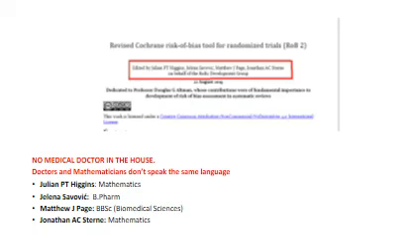So there's no medical doctor in the house. The problem with that is doctors and mathematicians don't speak the same language, right? So though the mathematicians are very well intentioned in this risk of bias tool, you can quite easily pick out that doctors may not understand what they're trying to say.